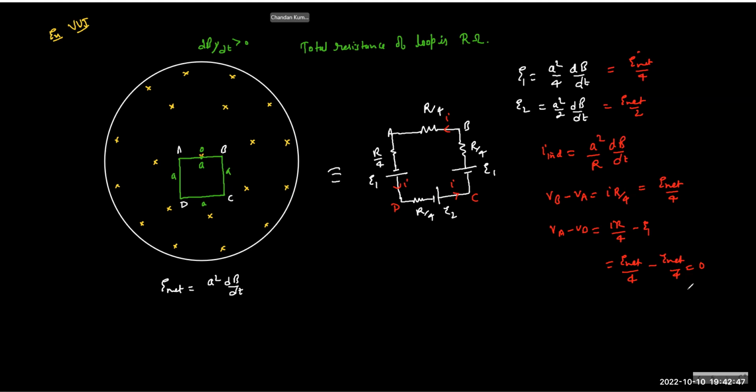Okay. So if you go from C to D, then VC plus E1 minus IR by 4 equals VB, and so we get the zero answer.